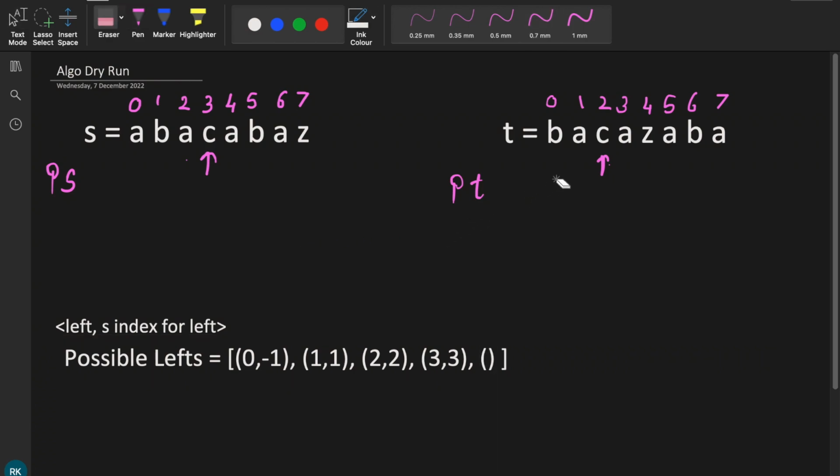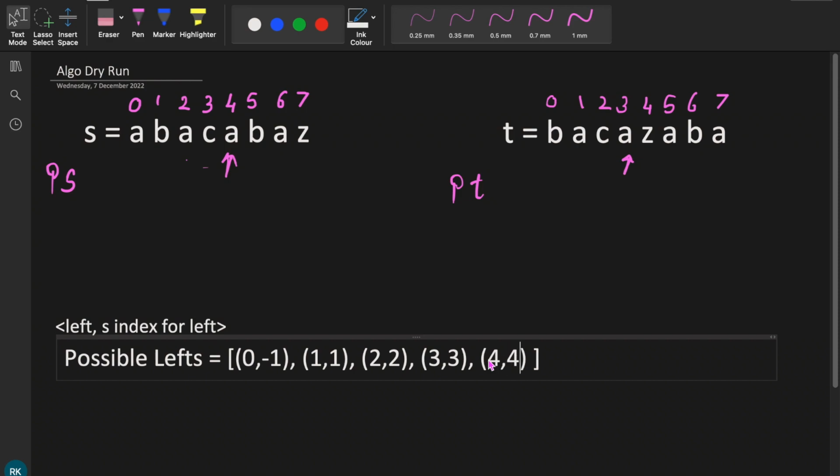Again we increment our pointers. This points to A and this points to A. Both are equal, so we push another possible left. The left is PT plus 1, that is 4, and the S index for that left is PS, that is 4.